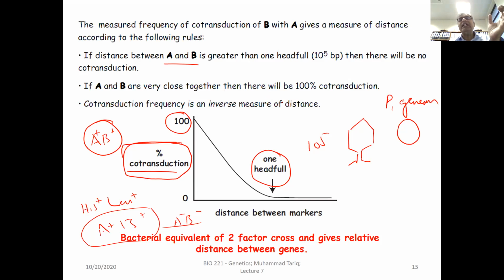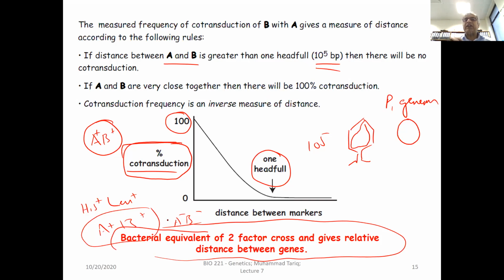That's why the phage is always packaging them together in the same phage head. But if they are at a greater distance than 10 to the power 5, we will not see co-transduction. This is equivalent to the two-factor cross of eukaryotes. Is it clear so far?